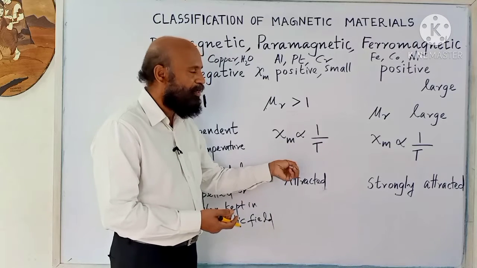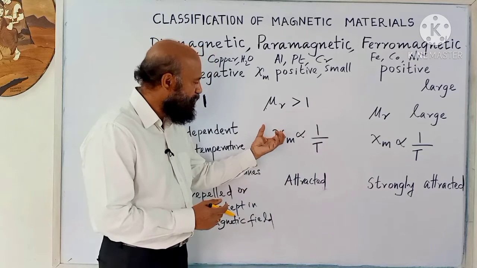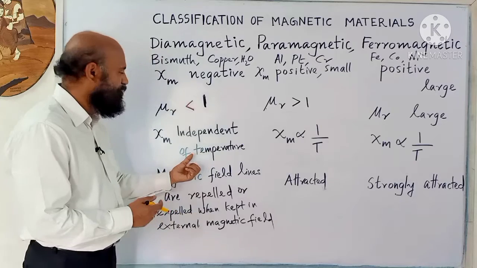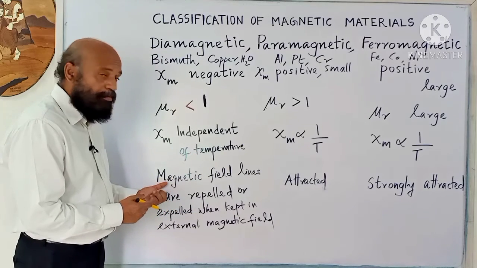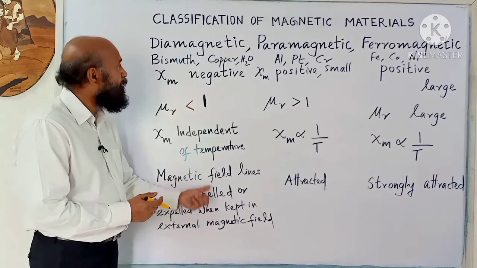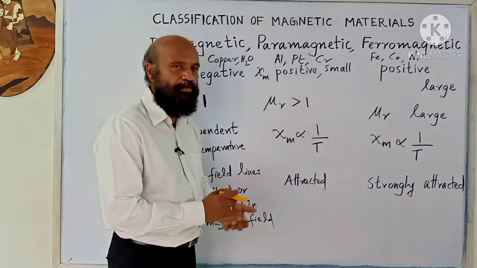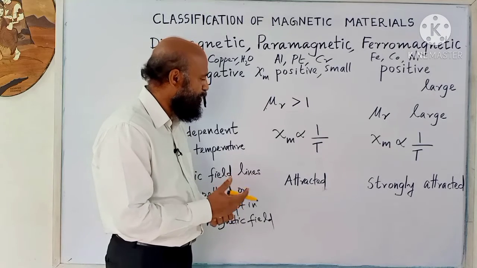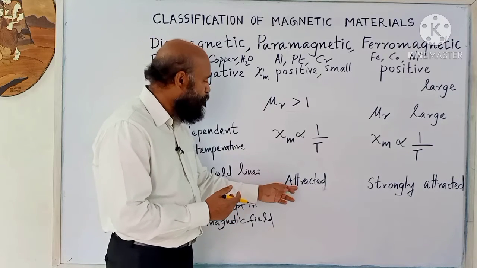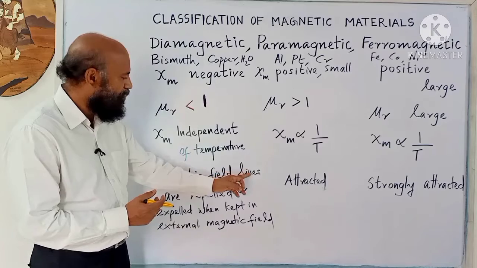That means temperature increases, susceptibility decreases. Magnetic field lines are repelled in the case of diamagnetic materials. But when paramagnetic materials are kept in an external magnetic field, lines are attracted.